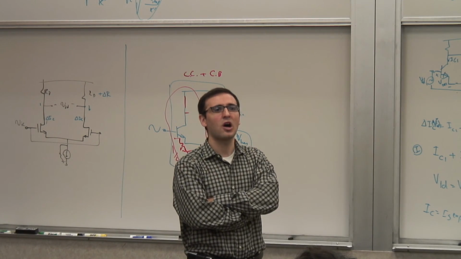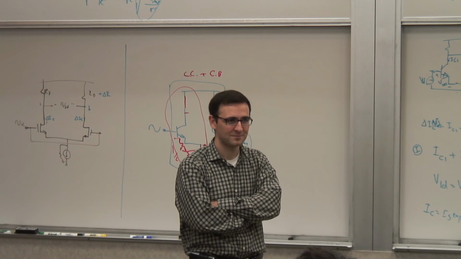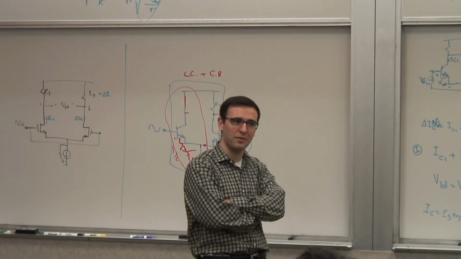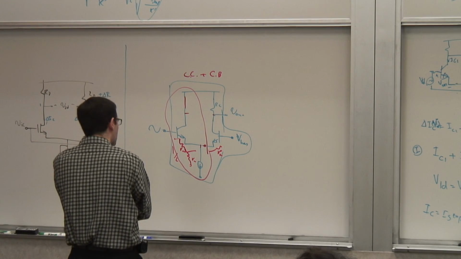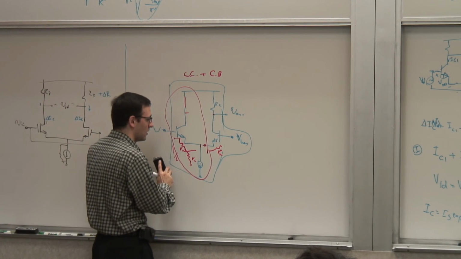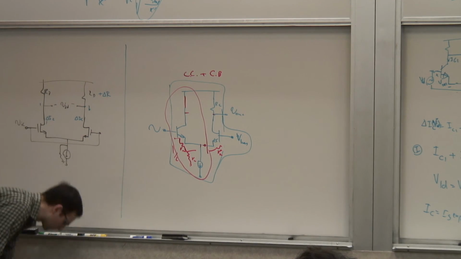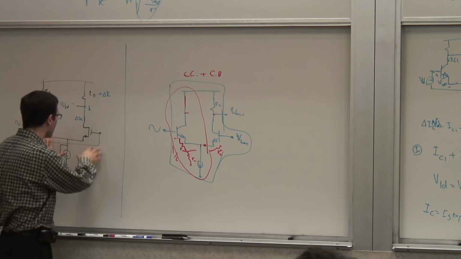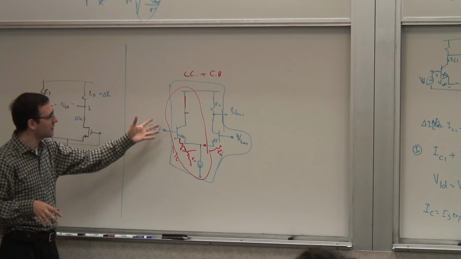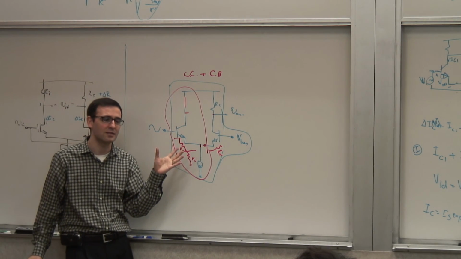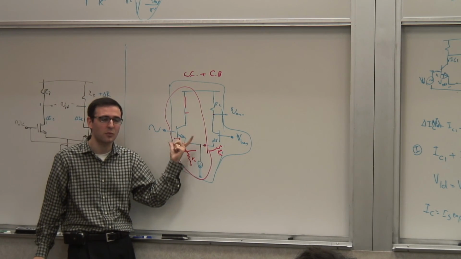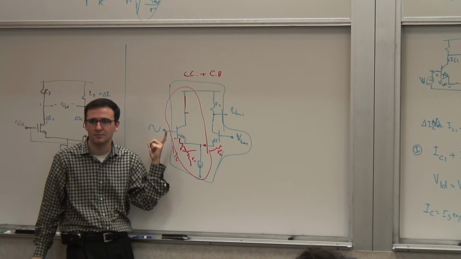Now, this is kind of a convoluted way of thinking about this. So I'd rather you don't think about it this way, unless you have to. But it's important to be aware of it. Now, if you're dealing with differential inputs or symmetrical stages, you don't want to turn it into an asymmetrical thing, obviously. But this is not a symmetrical thing because of the way that inputs and outputs are defined.